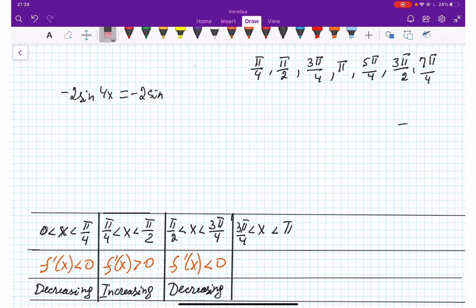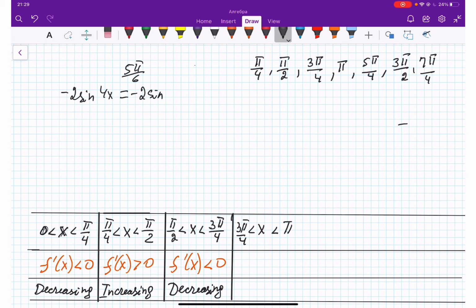So 3/4 of pi and 1 pi. Let's take 5 pi over 6, it's 150 degrees. And indeed, 3/4 of pi is 135 and pi is 180. So I'm taking 150 degrees, which is 5 pi over 6.